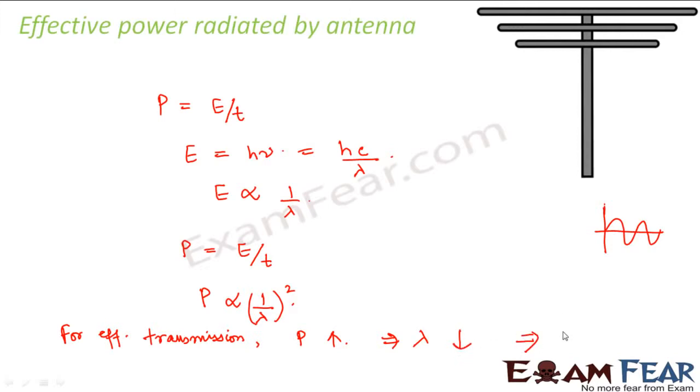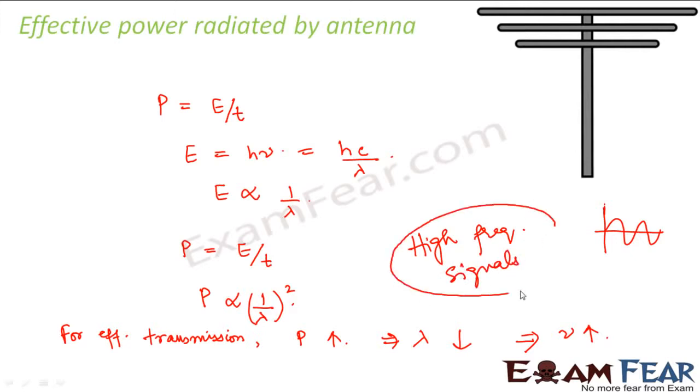And if the wavelength is less, the frequency is going to be more. Therefore, high frequency is needed for effective transmission, right? Because for effective transmission, power radiation should be more. Power is more when the wavelength is less. Wavelength is less when the frequency is more. So even this says that high frequency signals are desirable. So the second vote also comes in favor of modulation, right?